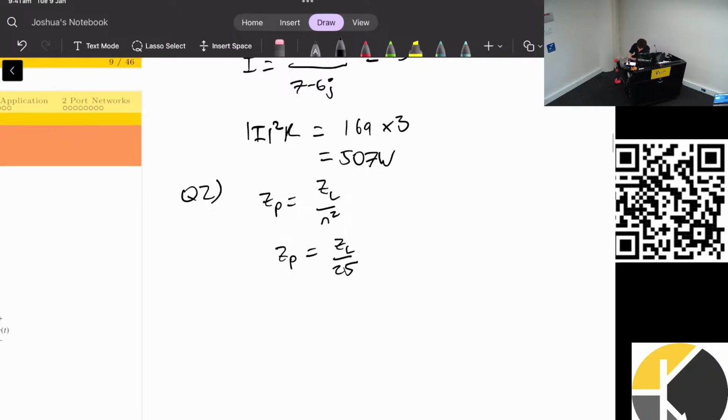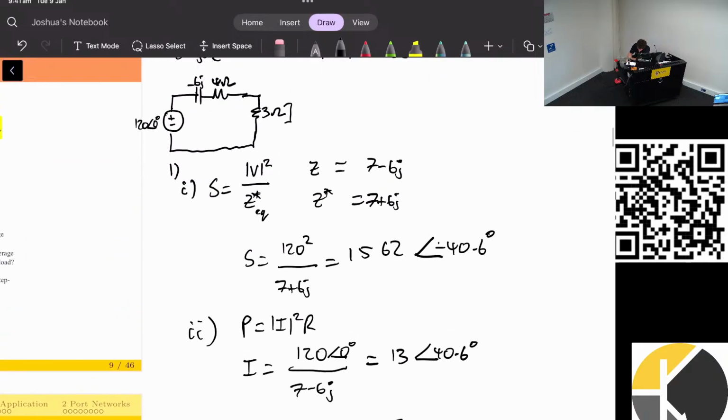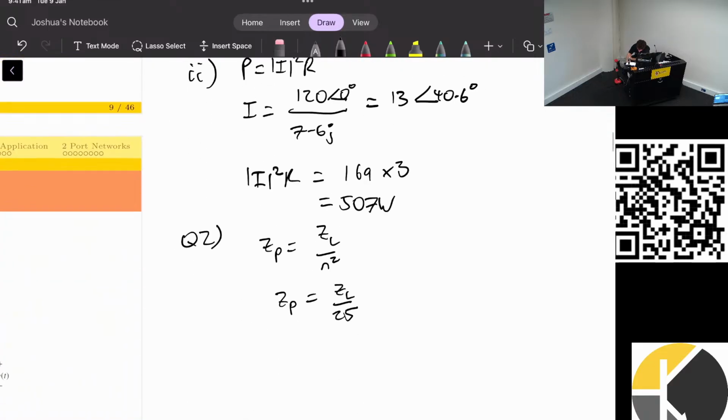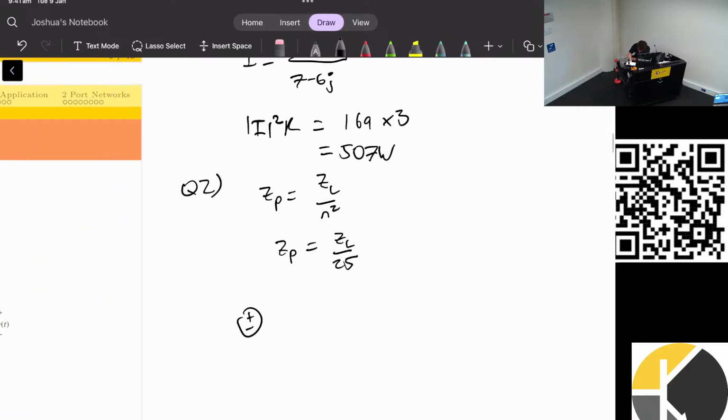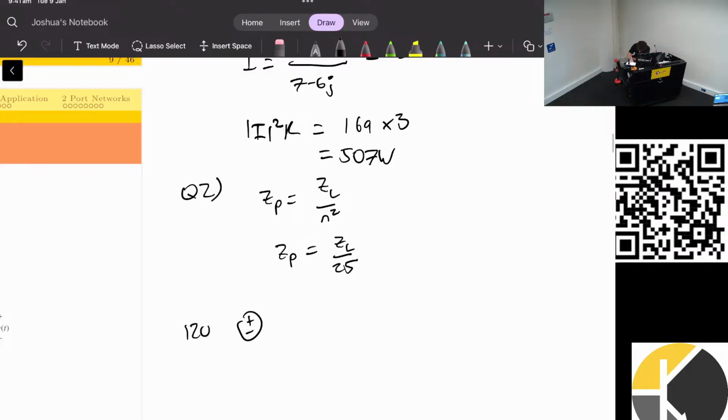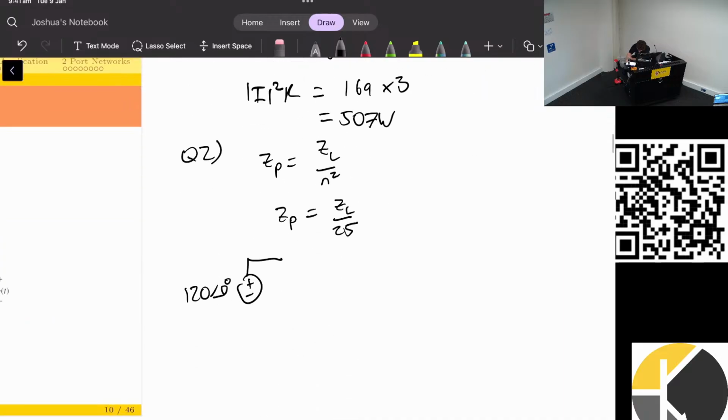Now we can do the same thing, except we have this as 4 minus 6j, and this is our ZL on 25, which is just ZP.